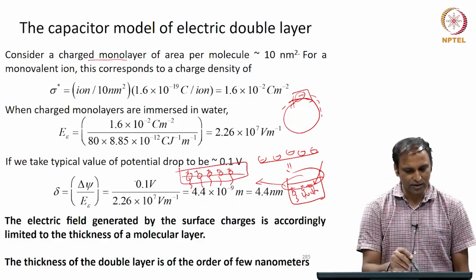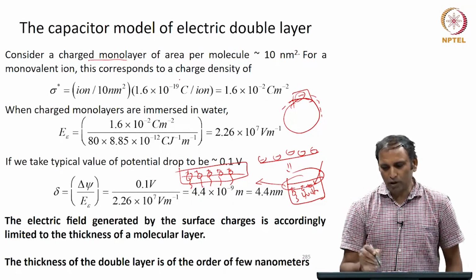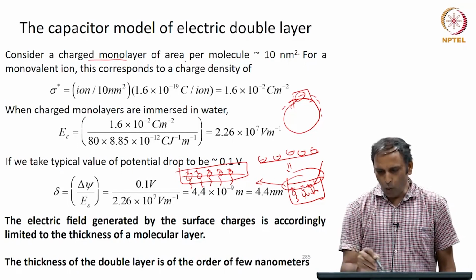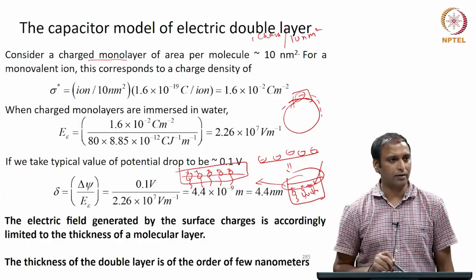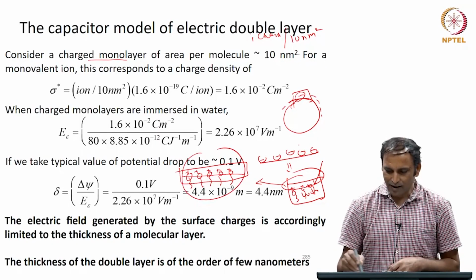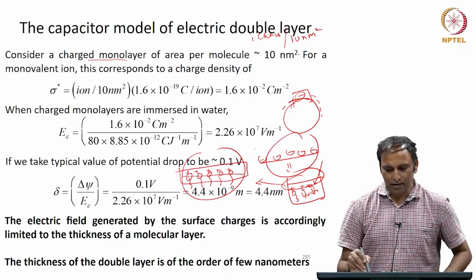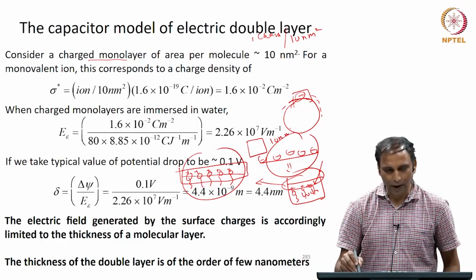So, take a case of a charged monolayer where the monolayer has one charge per 10 nanometer square area. I am basically looking at an arrangement either like this or like this, where I take an area corresponding to 10 nanometer square.